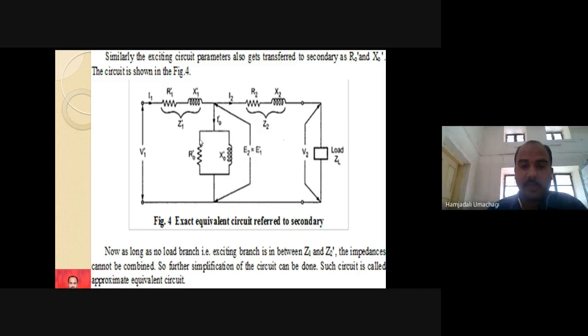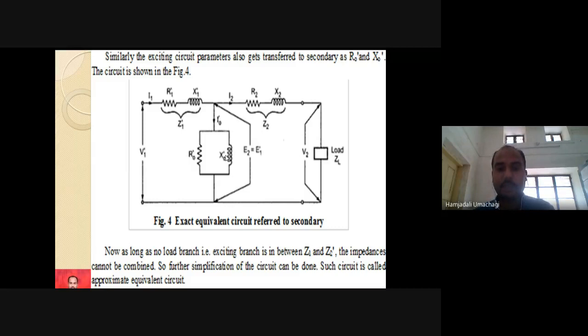IC dash will be equal to IC by K, IM by K. R0 dash will be what? R0 dash is equal to R0 into K square. Similarly X0 dash is equal to X0 into K square. Very good. So this is the rule while we are transferring things from primary to secondary.